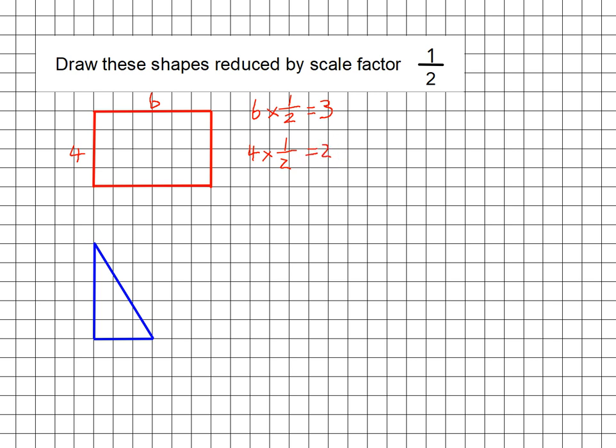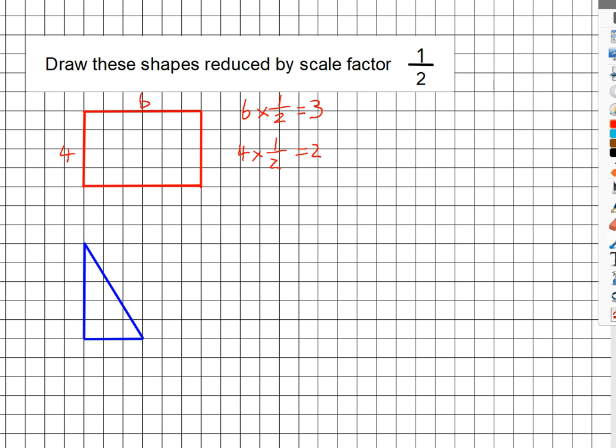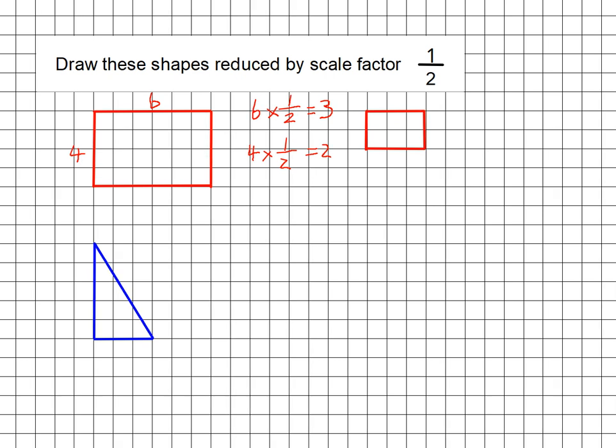So our shape, our rectangle this time, is going to be 2 down, and it's going to be 3 along. In that case, I have halved all of the lengths. So this side is 3, and this side is 2.